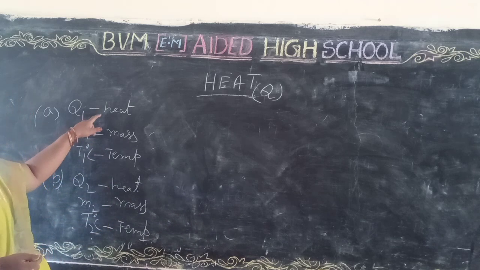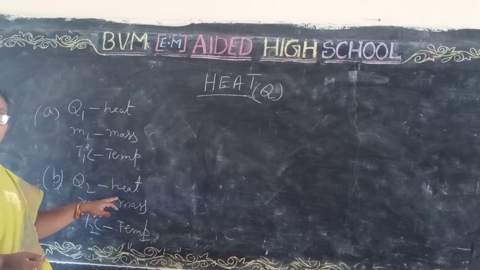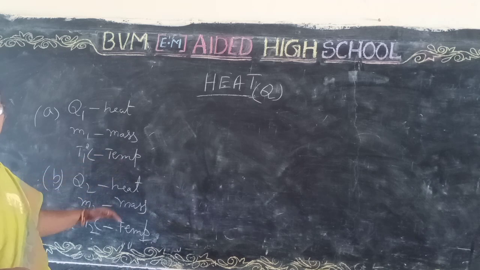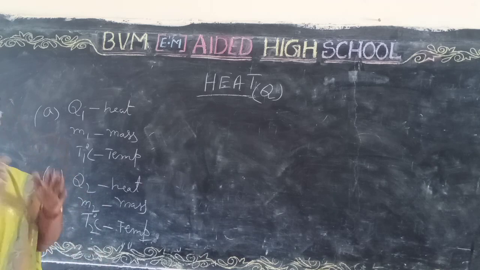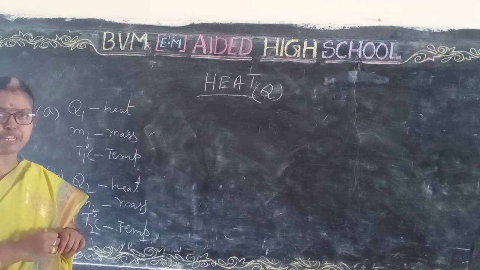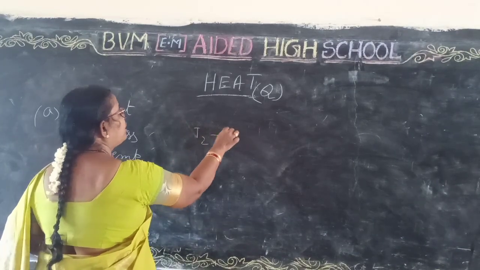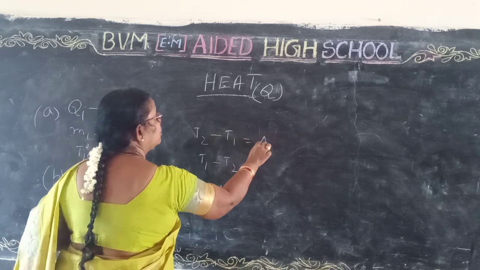The heat energy received in the first vessel is Q1, and in the second vessel is Q2. Here we observe that the masses are different. When they combine with each other, we get a resultant temperature. The difference between T2 and T1, we write as delta T.